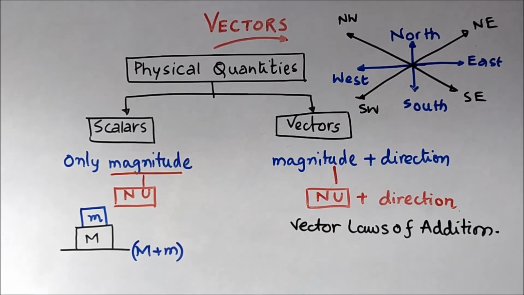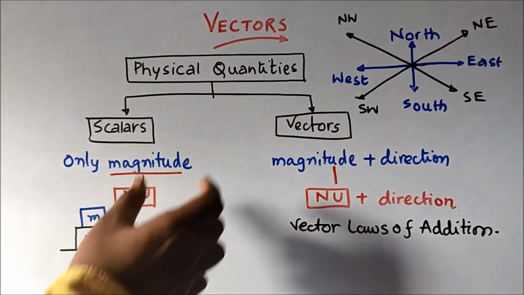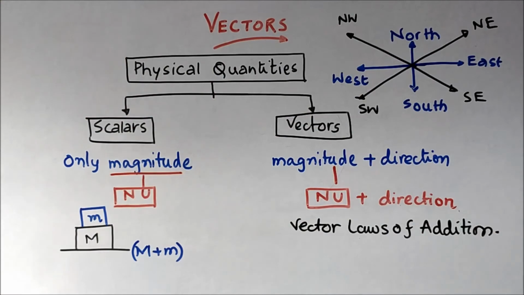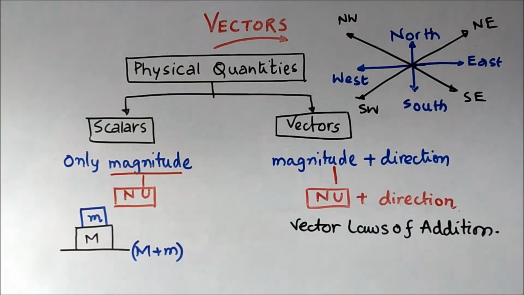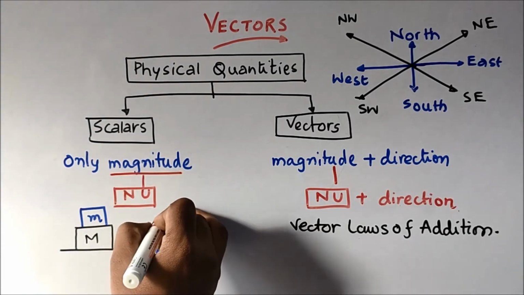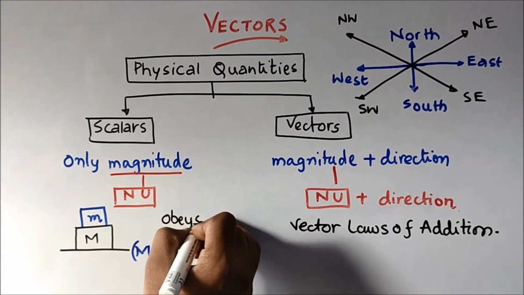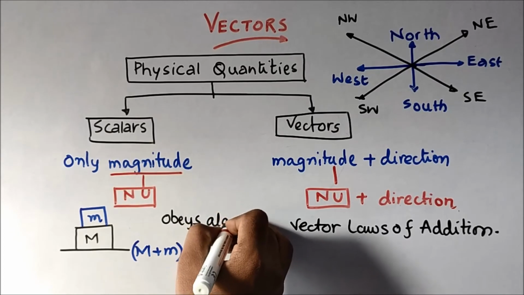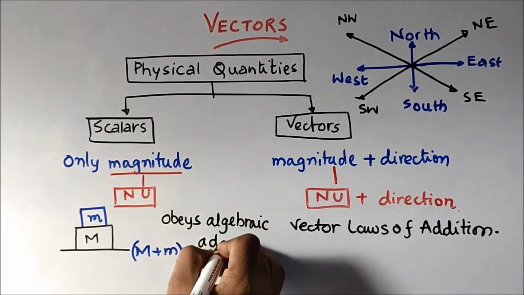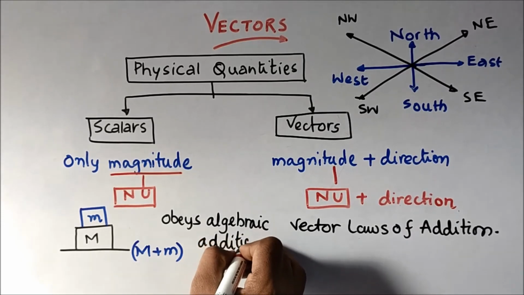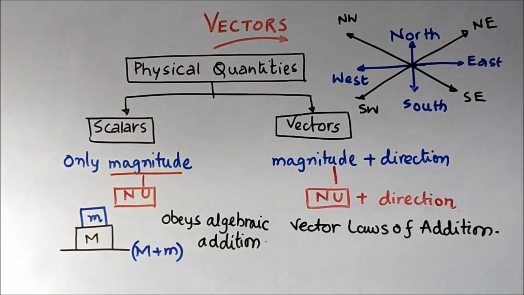But for now, this is the main differentiation on which these two quantities are separated as scalar quantities and vector quantities. Scalar quantities obey algebraic addition or operations, whereas vector quantities follow vector laws of addition.